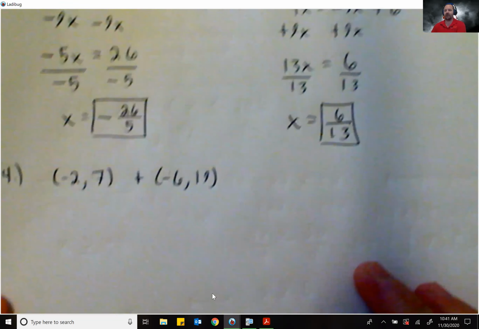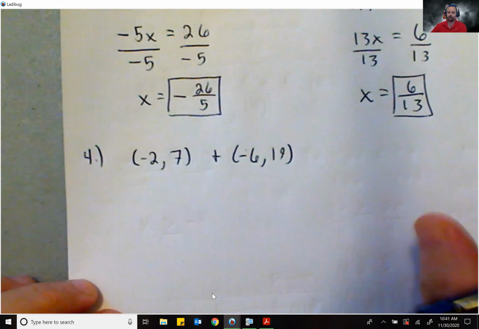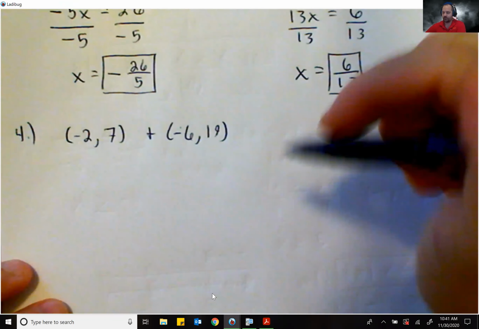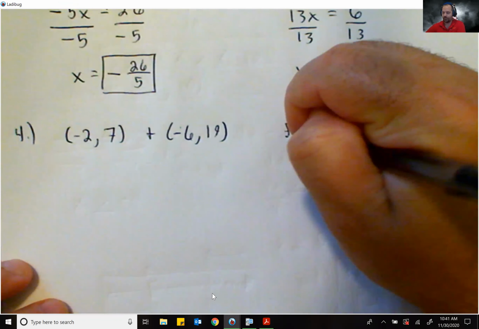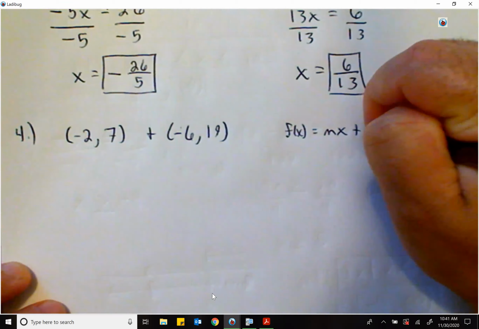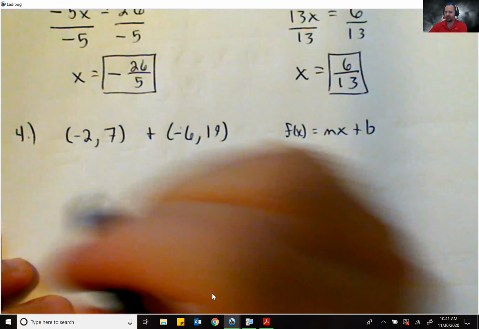Well, what do we need to find first? Our equation must look like slope intercept, mx plus b. To do that, you got to find the slope first. How do we find slope?